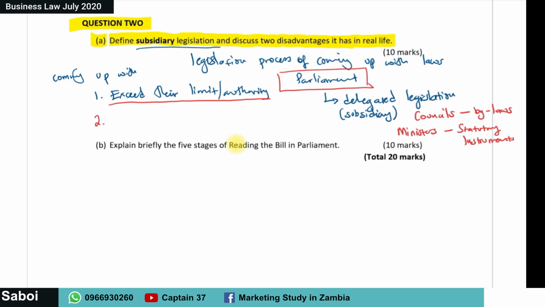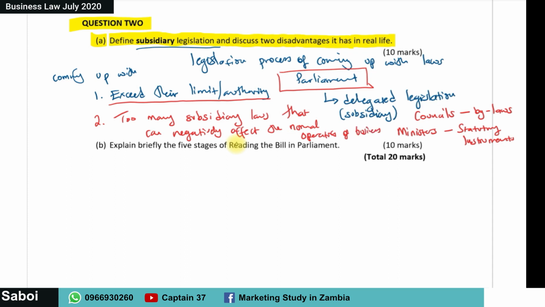Okay, number two is that there's a possibility that there can be too many subsidiary laws. The risk of having too many subsidiary laws is that they can negatively affect the normal operations of business.